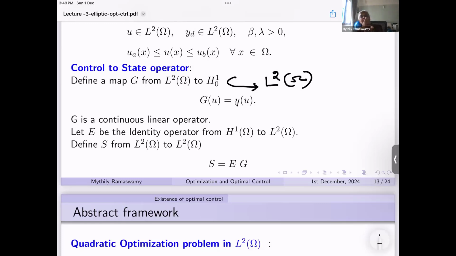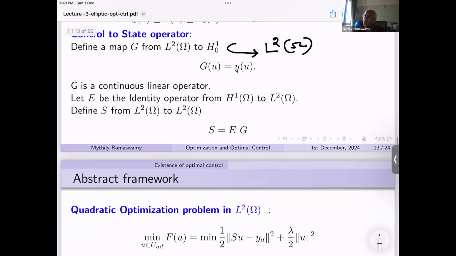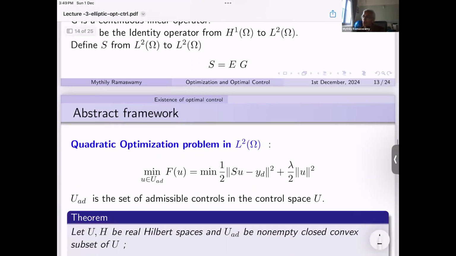Earlier I had S from Rm to Rn, so it was easier. But now these are function spaces, and I have to carefully write down where it goes from and to. Finally, S of u is y of u, so I can write the solution y as a function of u.